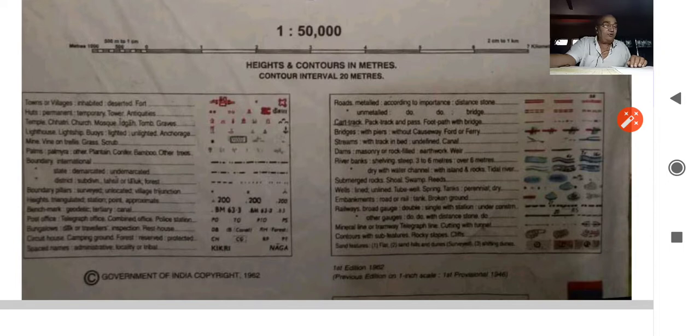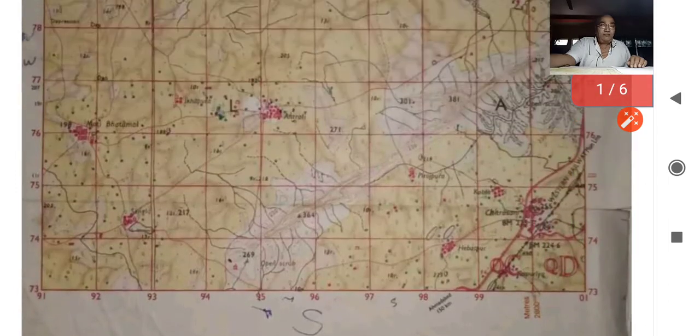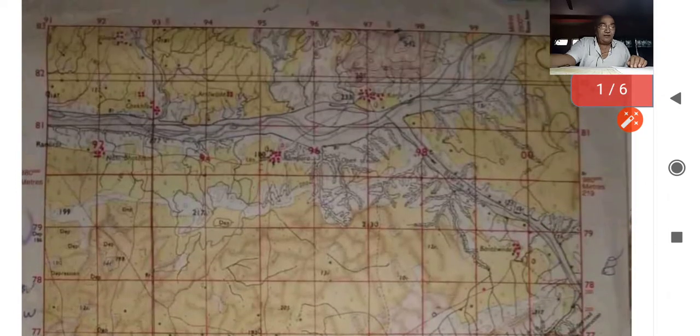It stands for thin channel of water. Brown color stands for contours and contour heights. You can see in the southeast part of the topo sheet, these contours are given.